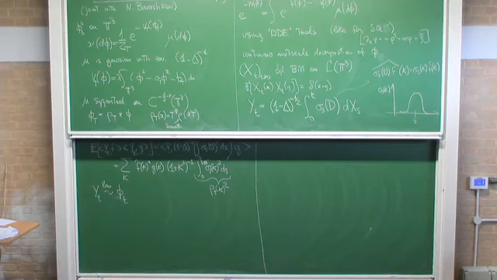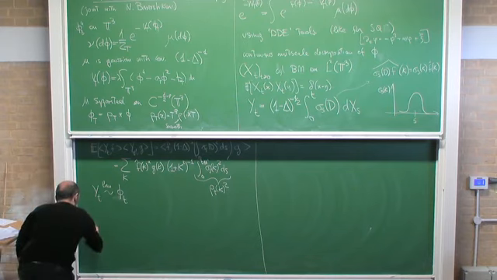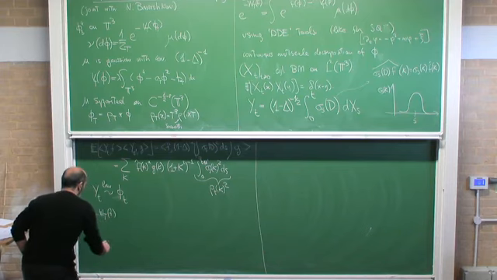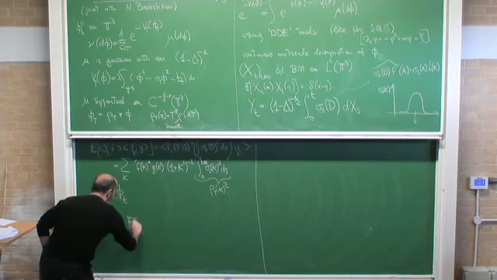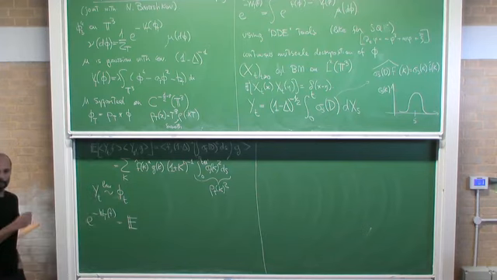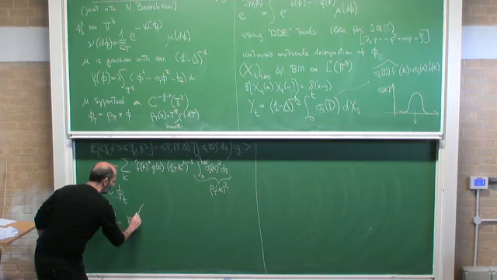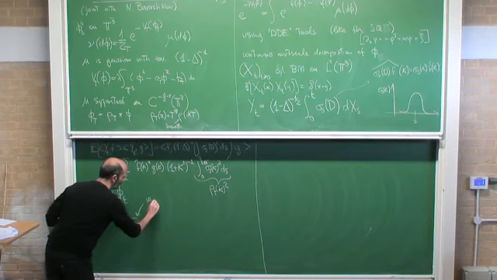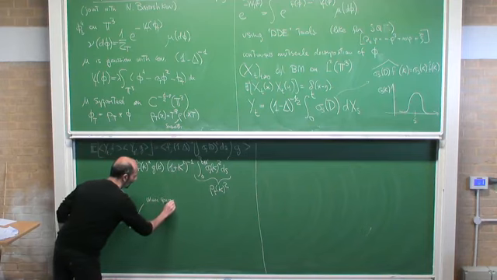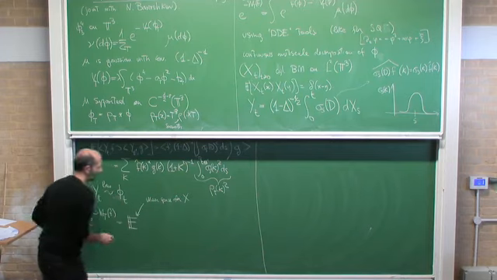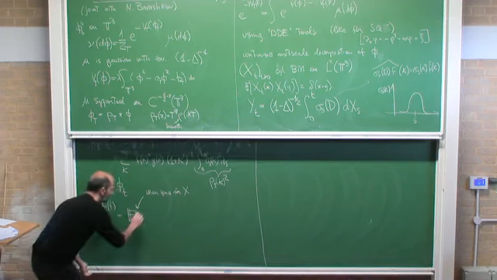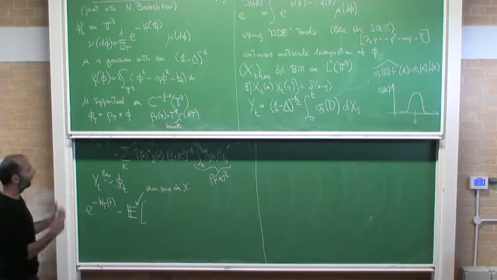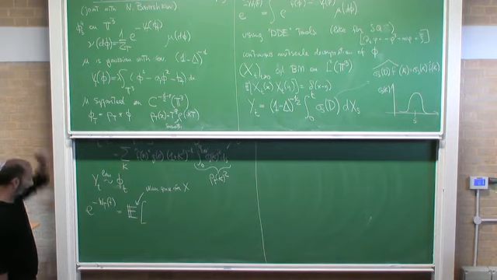And now you can write the same formula, so our function looks like this. Now I use expectation to denote the expectation on the canonical space for the Brownian motion. I need this setup, so everything is written with respect to this Brownian motion.